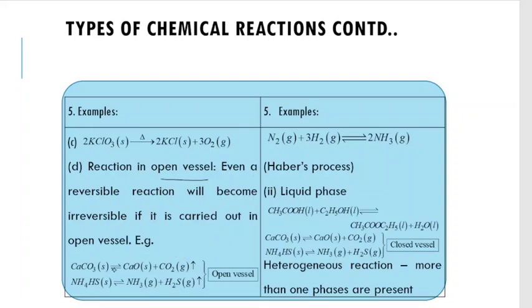For example, calcium carbonate decomposition and NH4HS decomposition: as the products are gases in the open vessel, they escape out of the vessel so that the products can't convert into the reactant again in an open vessel, right? Now let us consider the reversible reaction examples.